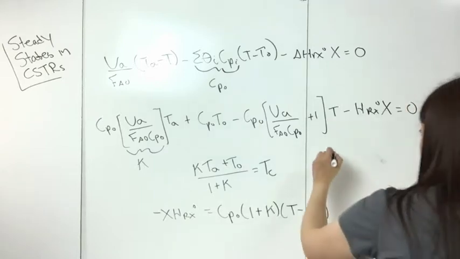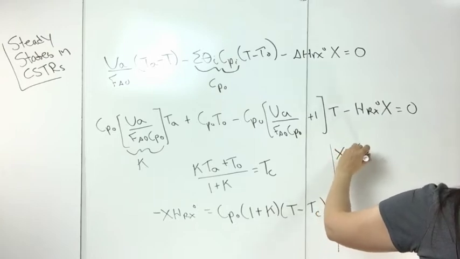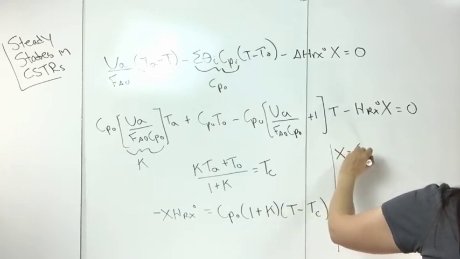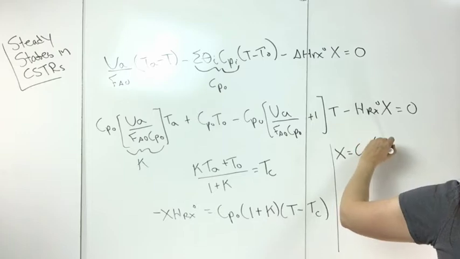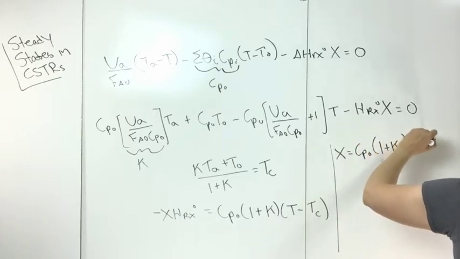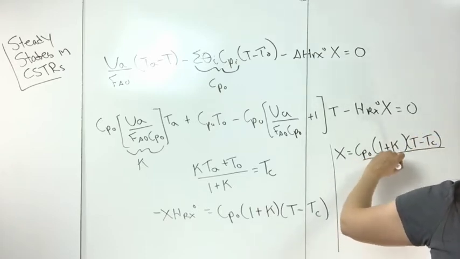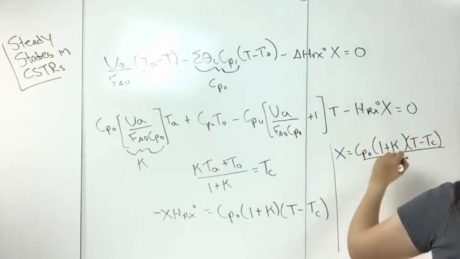So then X is equal to Cp naught 1 plus kappa multiplied by T minus Tc over the heat of reaction.